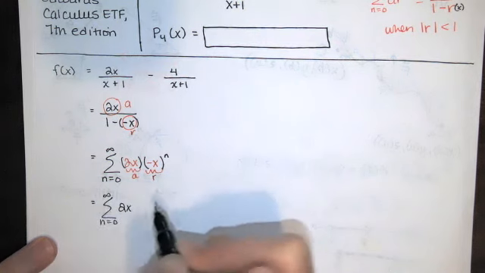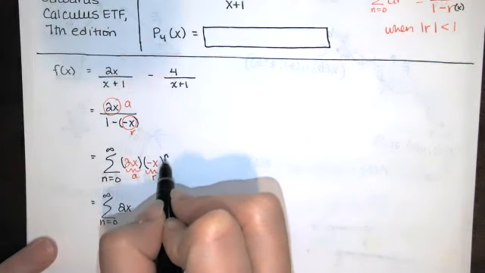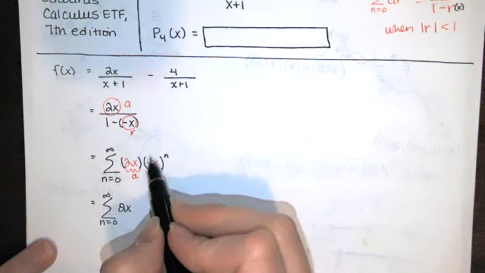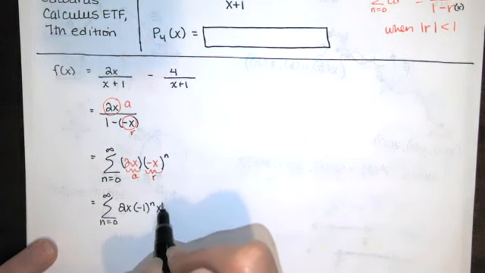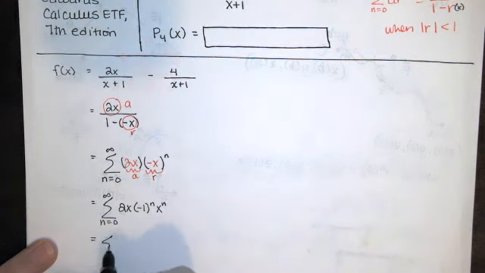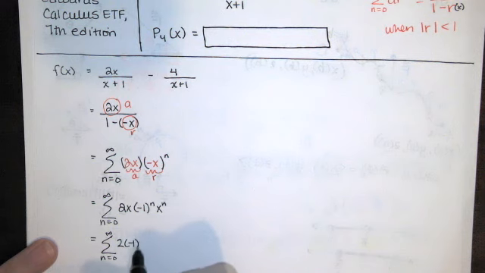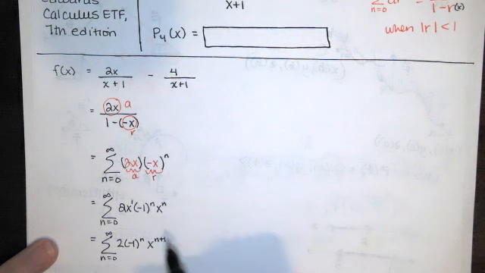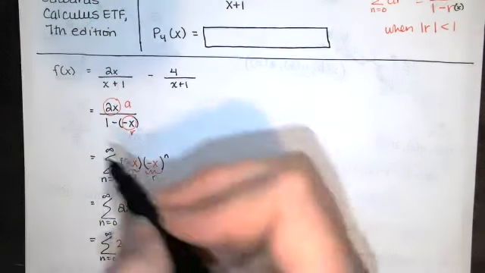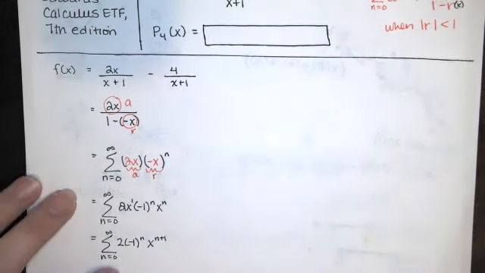So we can have a 2x here, and then I've got a negative 1 times x raised to the n, so that nth power can apply to both factors separately. It's negative 1 to the n times x to the n. And if you want, you can simplify. Got a 2 times a negative 1 to the n. X to the first times x to the n is x to the n plus 1. Okay, so that's for the first part, first series.